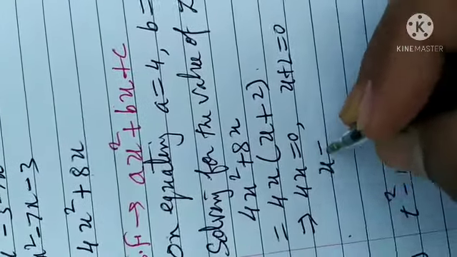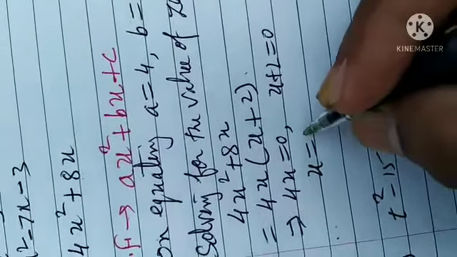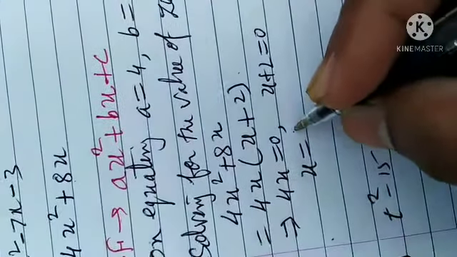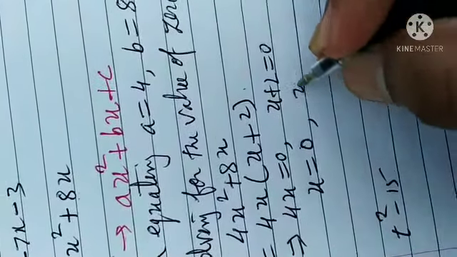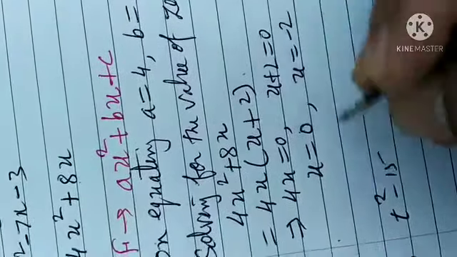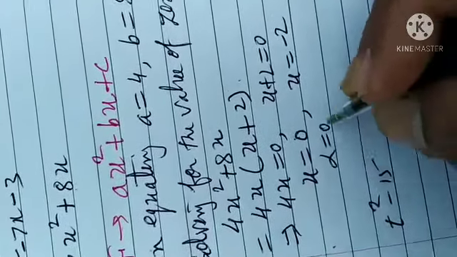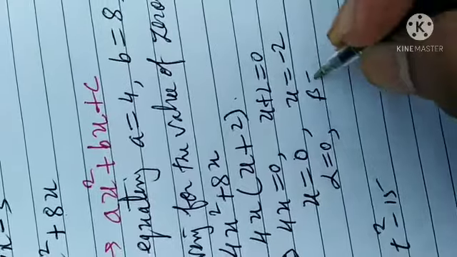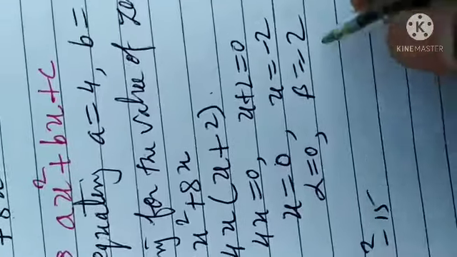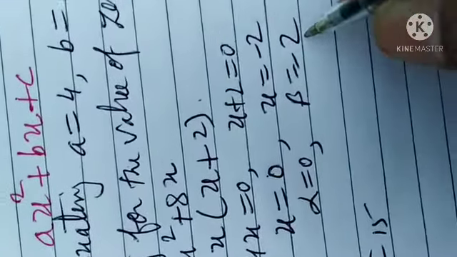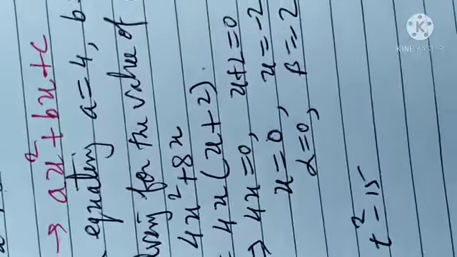So what is u? 4u equals 0 means u is 0 upon 4, so it is 0 only. And here u is equal to minus 2. It means alpha is equal to 0 and beta is equal to minus 2. So these are the 2 zeros, 0 comma minus 2, of this quadratic polynomial.